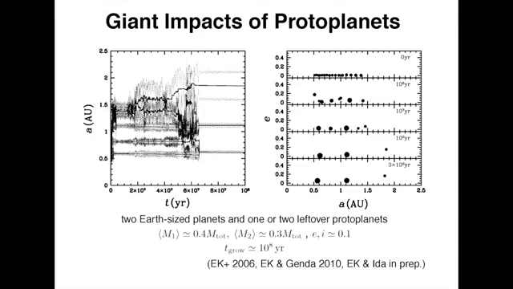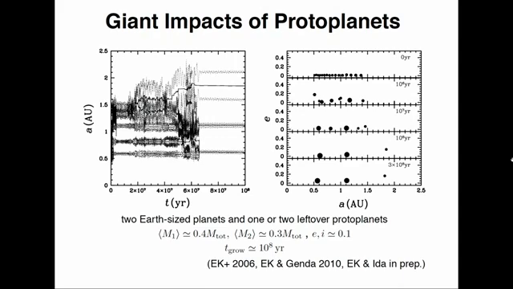Okay, so this is a similar simulation, but a different run from the animations we have just seen. Doing many simulations of this kind, we derived some scaling laws about the terrestrial planets.